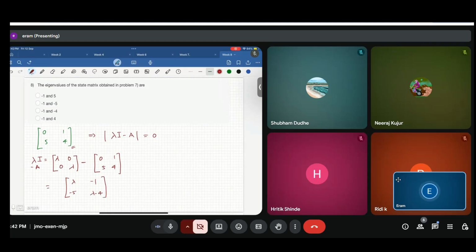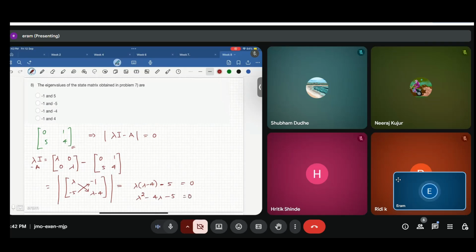What is the determinant of this matrix? To calculate the determinant, you multiply the cross terms and subtract. So it is lambda into lambda minus 4, minus of minus 5, and minus minus will be plus, so it is minus 5, and this equals 0. So the characteristic equation is lambda square minus 4 lambda minus 5 equals 0.